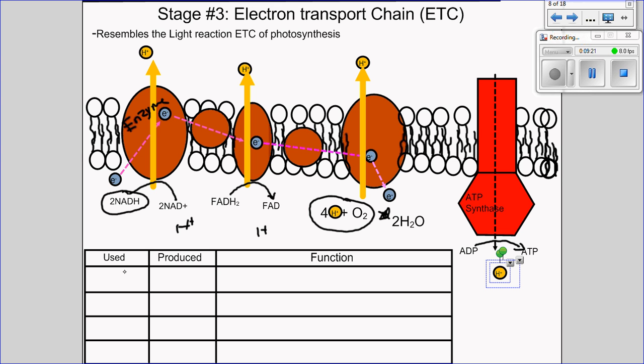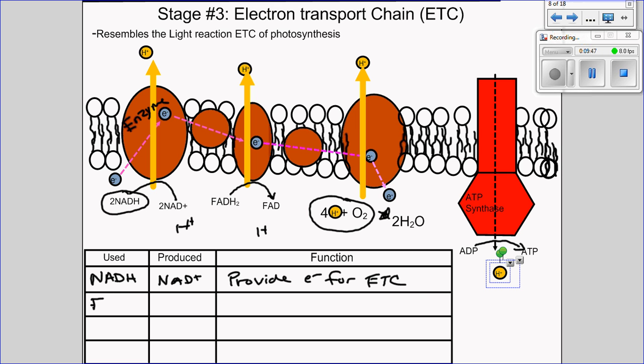So again, if we look at what's used, you have NADH, which creates NAD plus, and the function of that is to provide electrons for the electron transport chain.